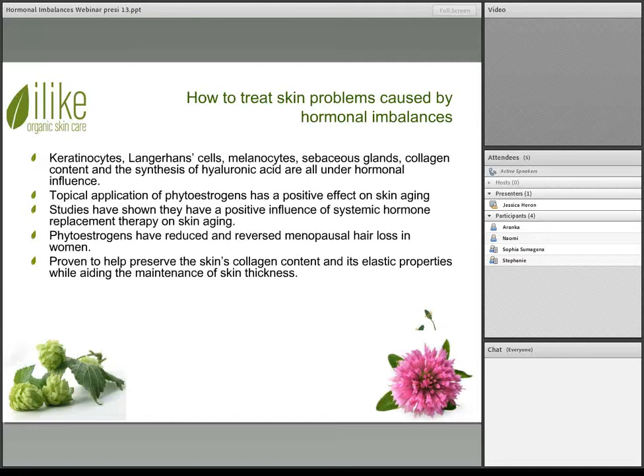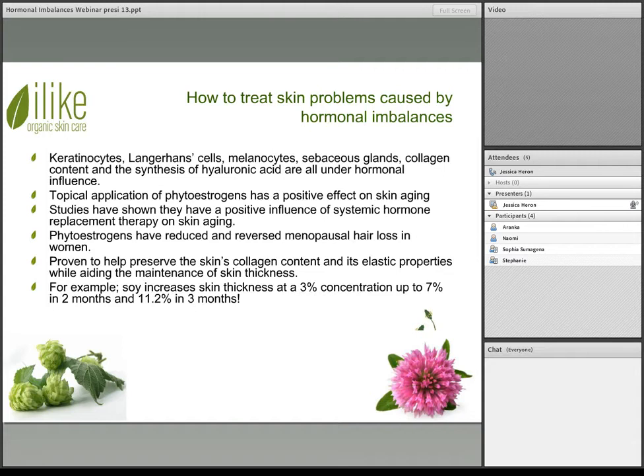It's also proven to help preserve the skin's collagen content and its elastic properties while aiding the maintenance of skin thickness. So it's going to have a positive effect on wrinkles and fine lines, and also loose and sagging skin. A good example is studies have shown that soy increases skin thickness at a 3% concentration, up to 7% in 2 months and 11.2% in 3 months.